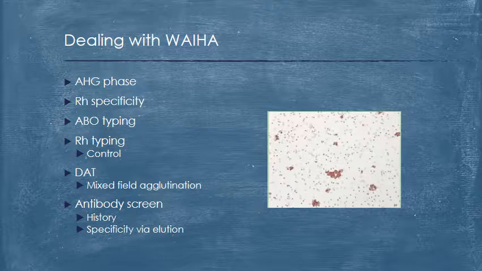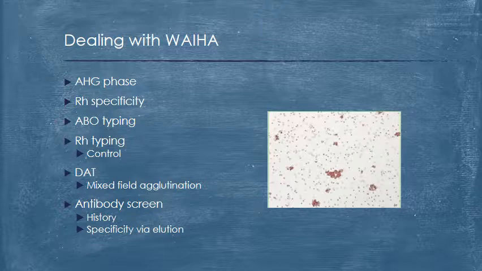So if your DAT is negative, but your autocontrol is positive, ooh, that's suspicious, right? The other thing is when you do a DAT, and if it's an IgA or an IgM specificity, you might see mixed field agglutination, because remember it's an auto agglutinin, so there's still some serum in there. So if you see this mixed field, which I've shown a picture of here, that's another thing to definitely keep an eye out for. Potential autoimmune disease, okay?